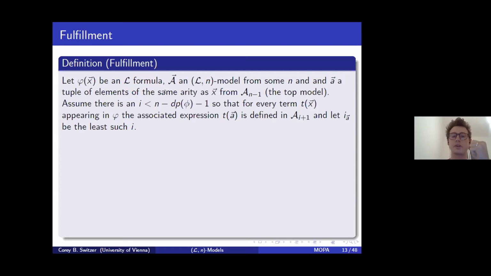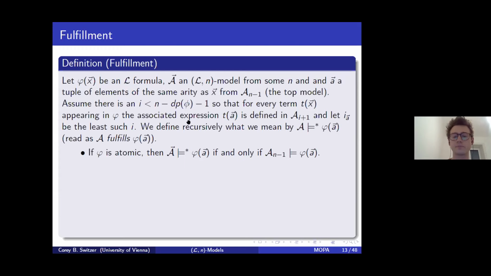So I have a formula phi, and I have this ln model A, and I want to tell you what it means to say that A fulfills phi. So first of all, if phi is atomic, then A fulfills phi just in case the top model thinks that. Note this is an atomic sentence, so I don't have to worry about this universal quantifier.